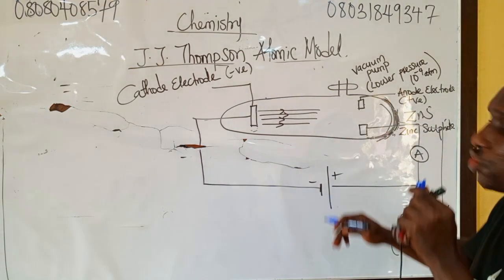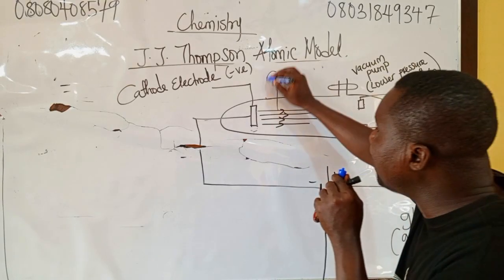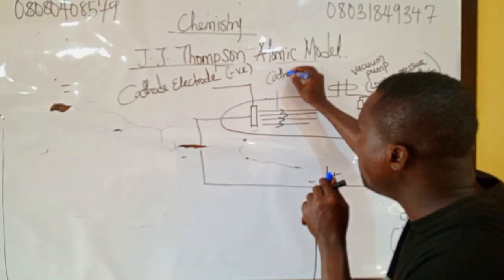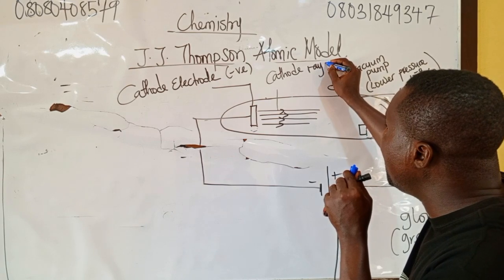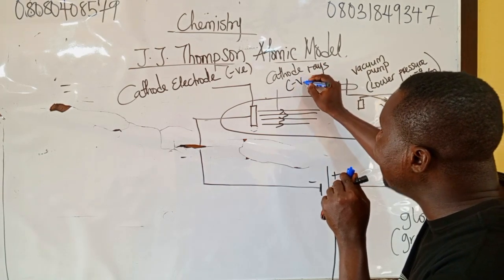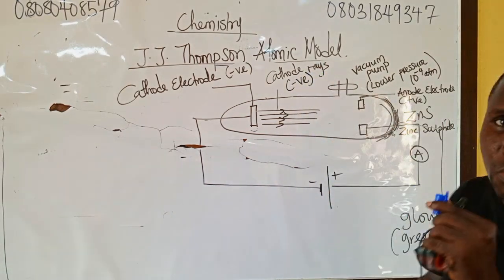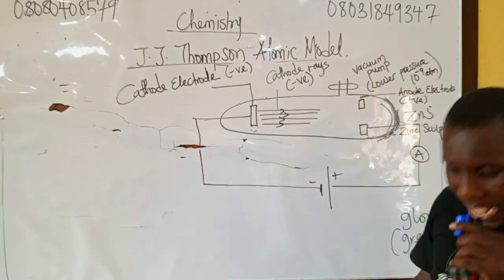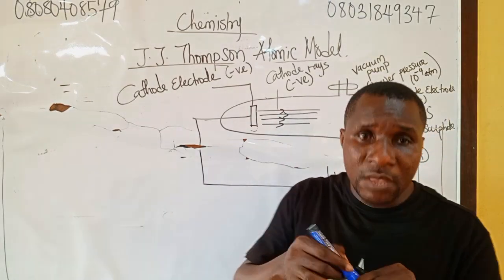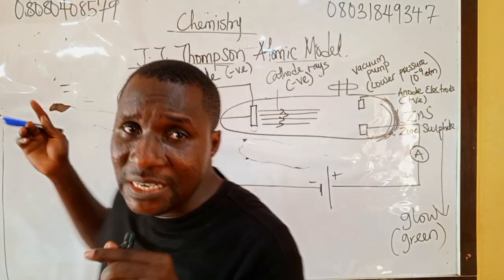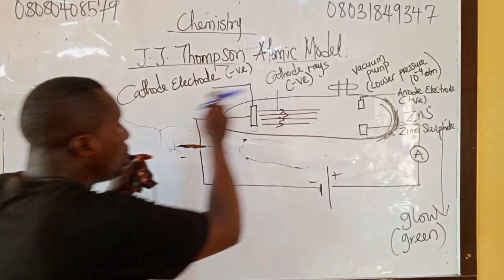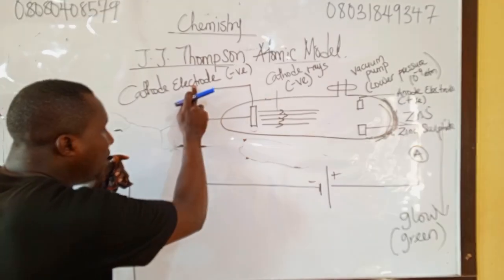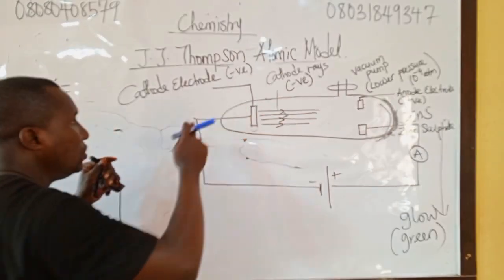Then he called the stream of particles cathode rays, which are negatively charged. Take note, cathode rays are negatively charged because they are produced from the cathode electrode, which is the negative electrode.